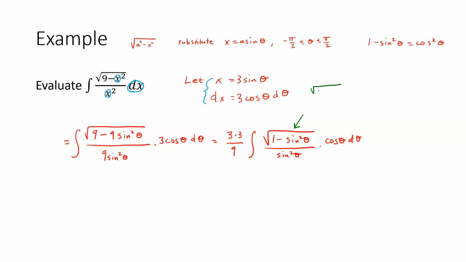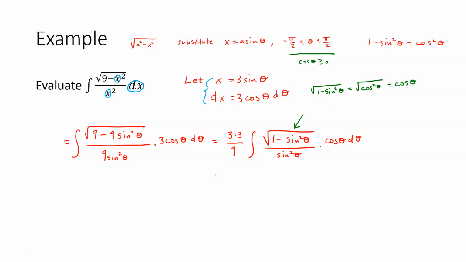Okay, so here let's just remind ourselves how this is going to simplify now. Because the square root of 1 minus sine squared becomes the square root of cosine squared. And in this case, that just becomes cosine. And here I don't need the absolute values, because on this interval, from negative pi over 2 to positive pi over 2, cosine theta is positive for these values of theta. So I don't need to worry about absolute values anymore.